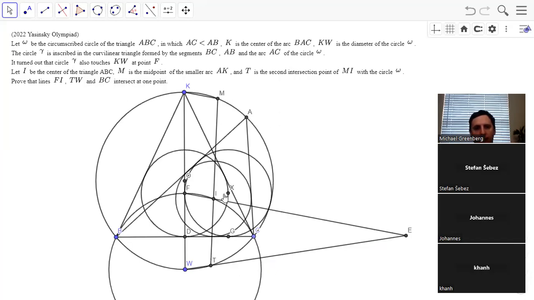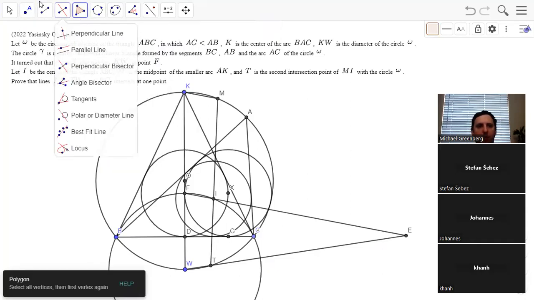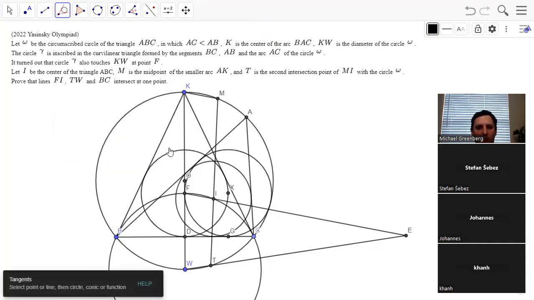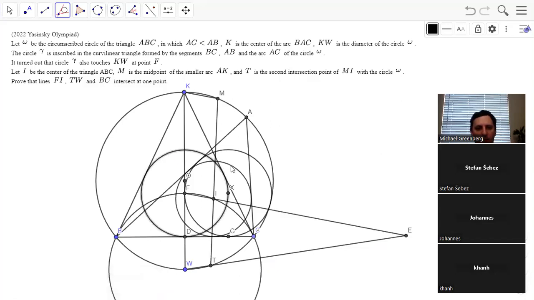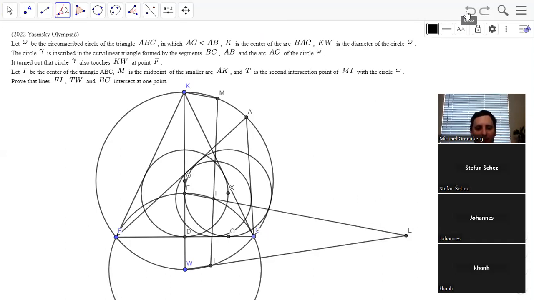So IF is like, basically if we draw the common tangents of those circles, it should also pass through E if the problem is true. Maybe we could use Monge's theorem somehow, although that might be making it harder than it needs to be.